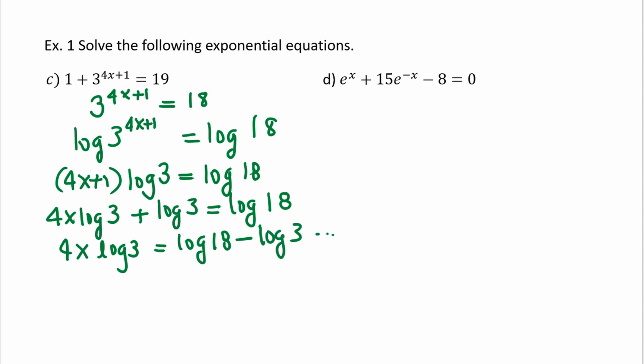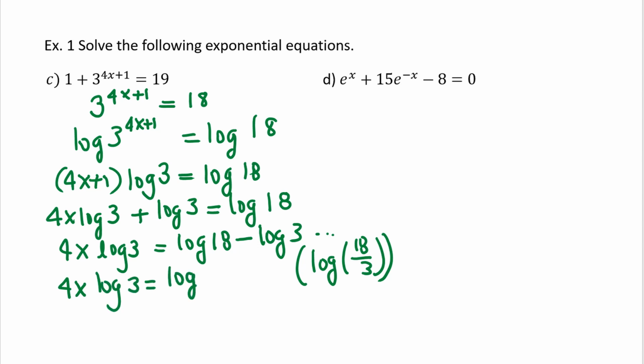Now, the properties of logs let us say that this is actually the log of 18 divided by 3. So now we'll have 4x log 3 equals the log of 6.